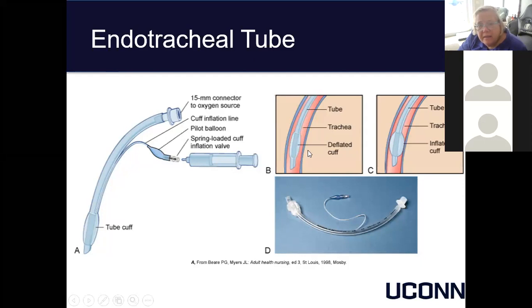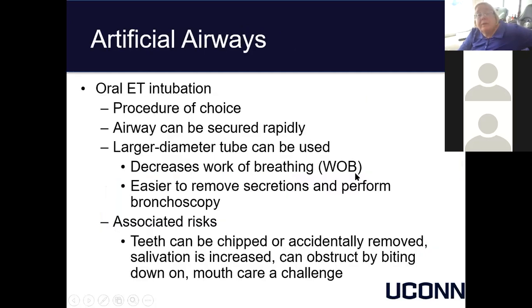And here again, there's a picture of this deflated, so you see room within the trachea. Then this is with the balloon inflated, so there's subtle pressure against the tracheal walls, but it also occludes so that gas is only going in through the endotracheal tube. Means we need to keep the endotracheal tube clear, if you will.